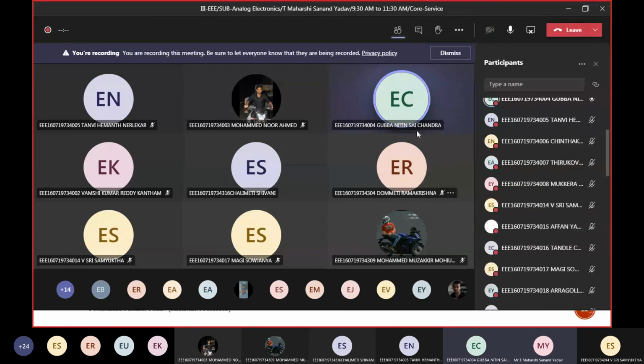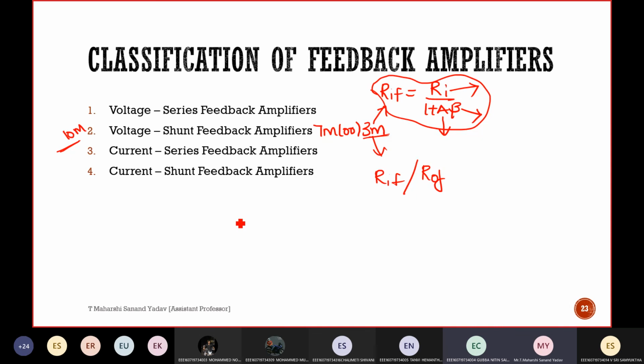Sir, is there any case where gain without feedback and gain with feedback will be equal? No. Why? Because gain without feedback means, see here, if I provide input, I am getting output.